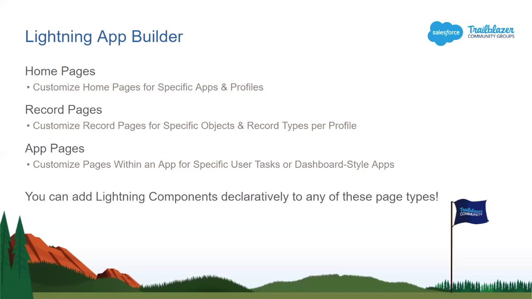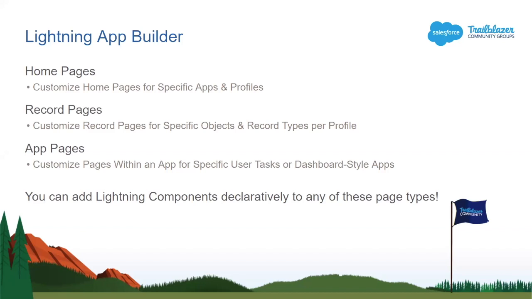So Lightning Components are very specific to the Lightning App Builder. In the Lightning App Builder, you can create home pages, record pages, or app pages. Home pages are cool to customize for specific apps and profiles. You go to a specific app and you're displayed with a specific home page that you can customize declaratively with Lightning Components.